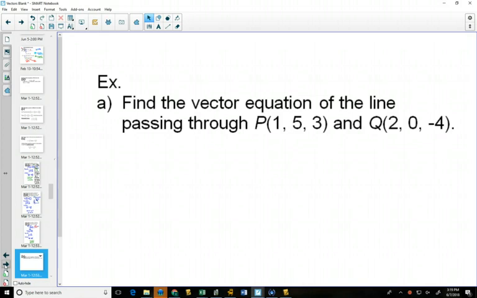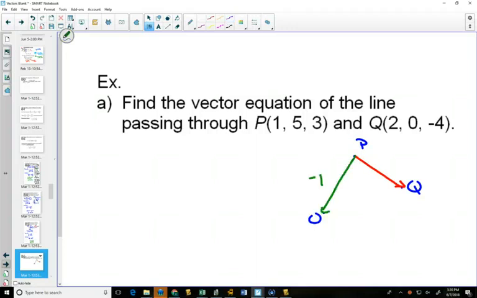So now I've got 2 points in 3-dimensional space. And so if I want to go from P to Q, this will be my direction vector. I would have to go first negative P and then plus Q.